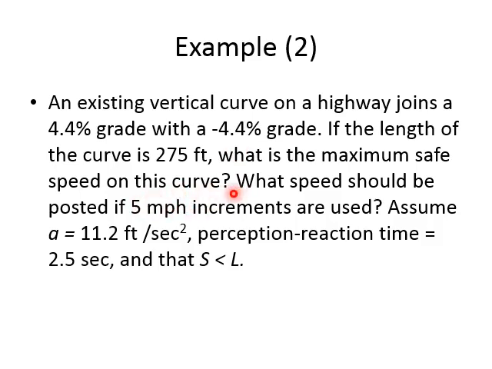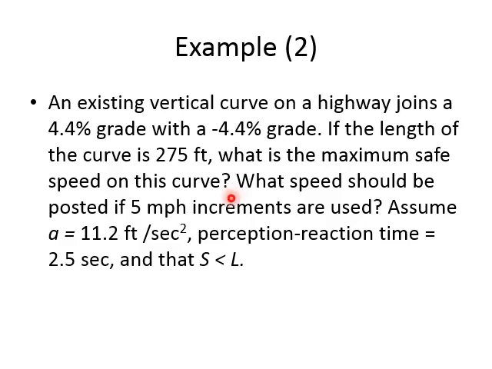Then we have to give the speed in terms of how much should be posted on the road. So calculate the maximum safe speed and then give a recommendation about the posted speed on the road.